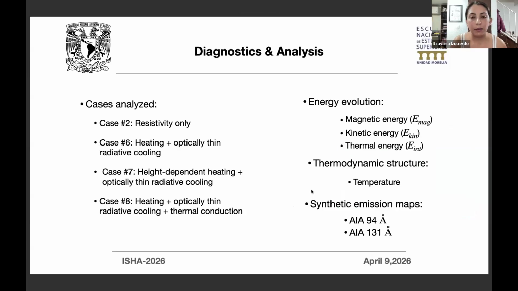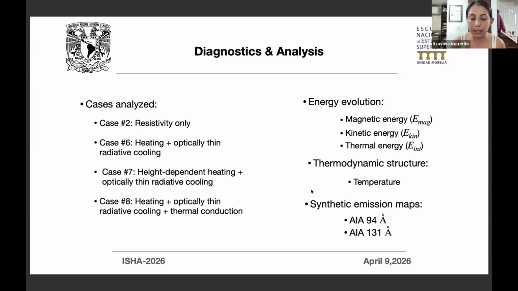So with the numerical setup in mind, we can move to the diagnostics and analysis. We study 4 main cases listed here. Case number 2 includes only resistivity.